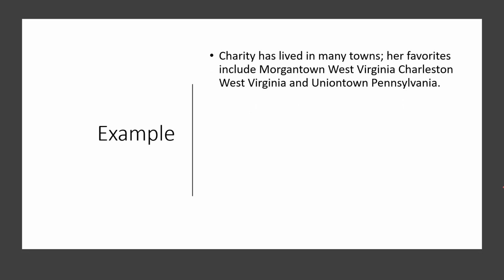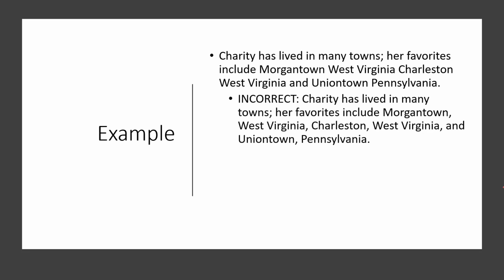Oh, we do have another example. When you are faced with a list of items that already include commas, such as Morgantown, West Virginia, Charleston, West Virginia, and Uniontown, Pennsylvania, remember you do need to use a combination of commas and semicolons to separate the items.